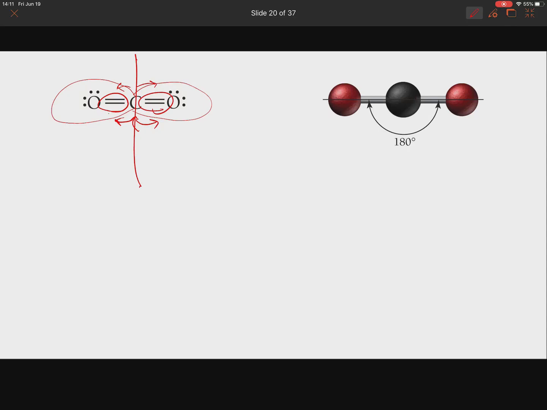The angle between those bonds is 180 degrees, and you can see that here. Again, this makes sense. This is the farthest away that these 2 groups can get from each other when they're both attached to the same sphere, or the same carbon, the same ball. So we call this linear geometry.